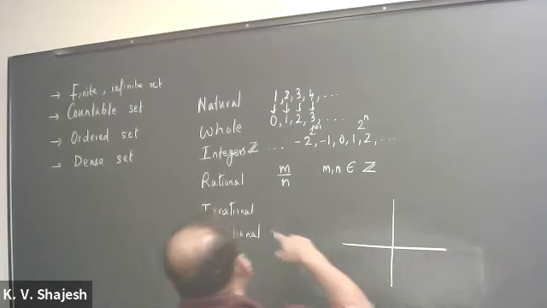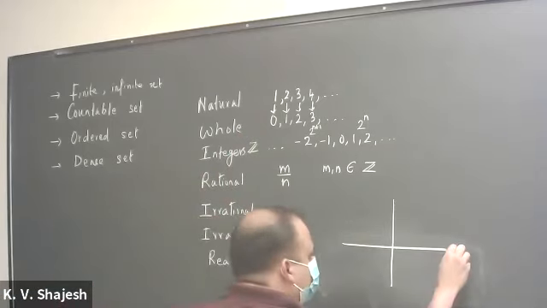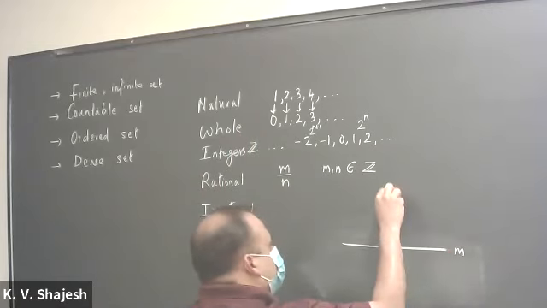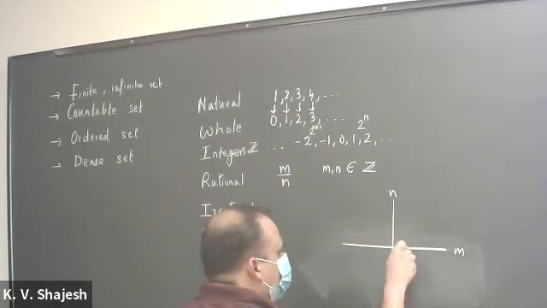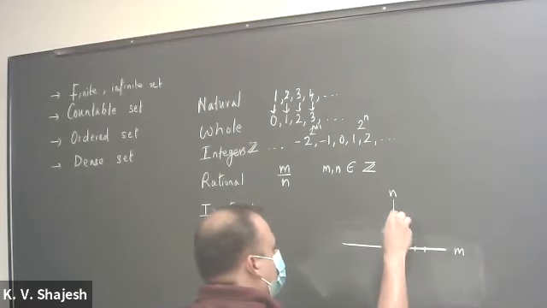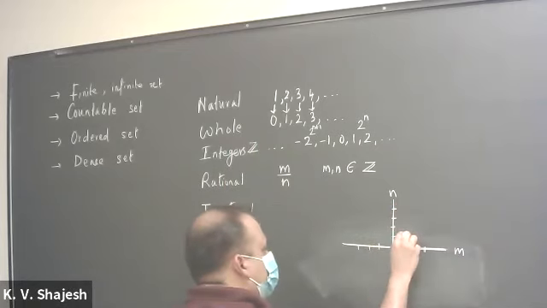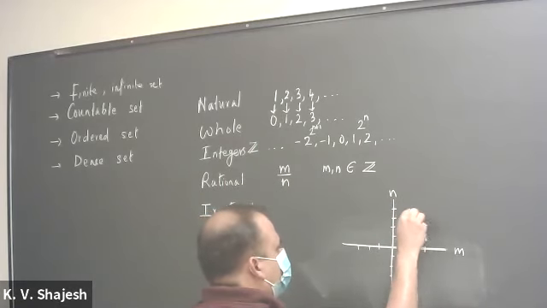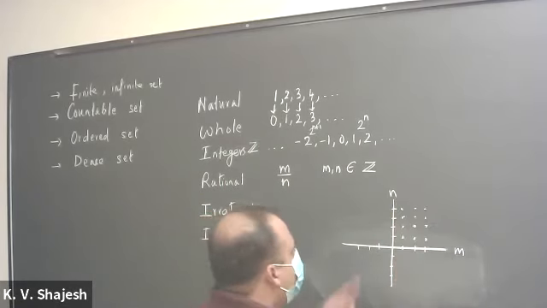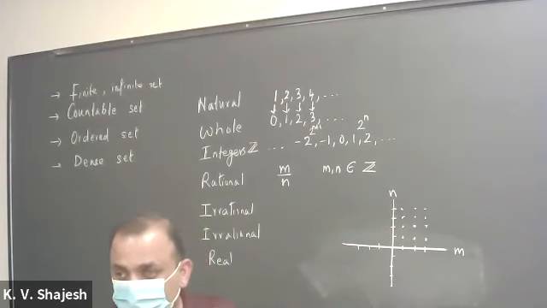So here is what you can do. First of all, we should be able to get a pattern for rational numbers. So what you can do is have m here and n there, and this is 1, 2, 3, 4, and so on. And do this negative also. Every point in this way of creation is m over n. So that's a rational set.